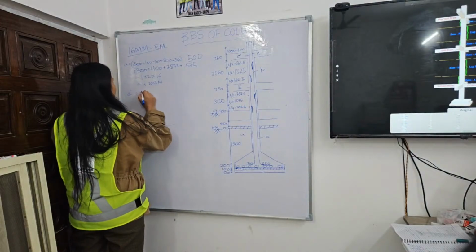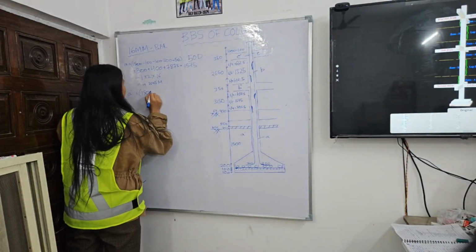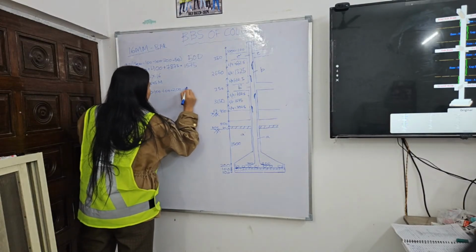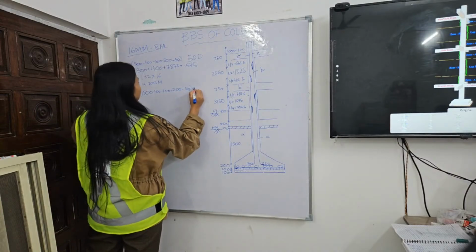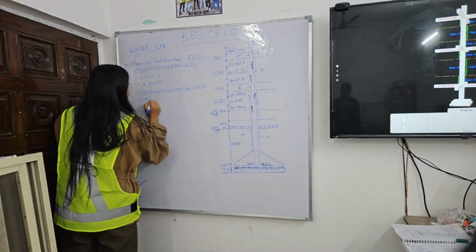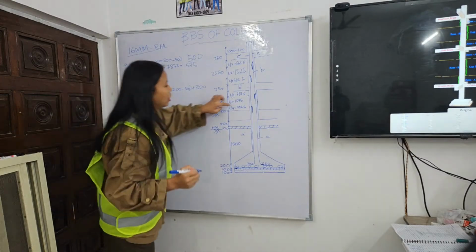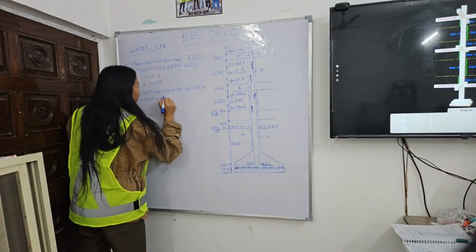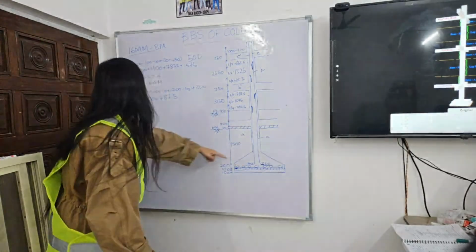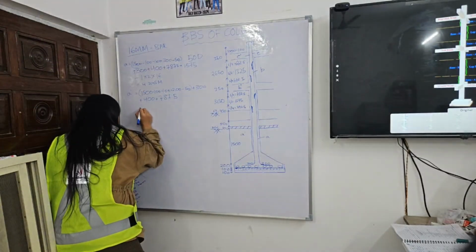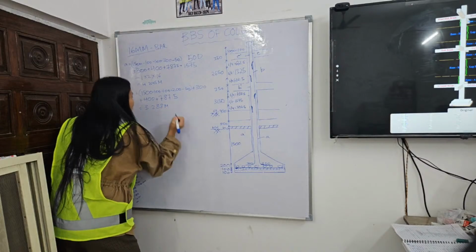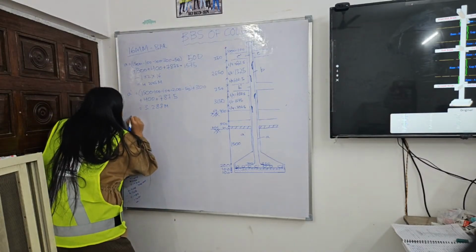So here, L by 4, 787.5. Now this is A dash. So the value will be 3.288 meter.